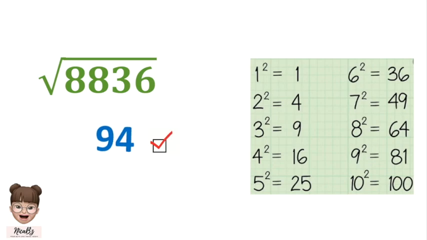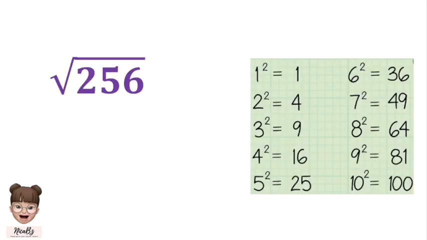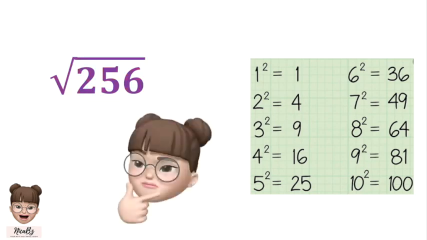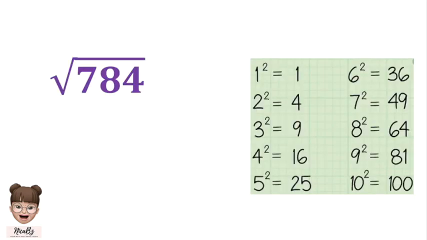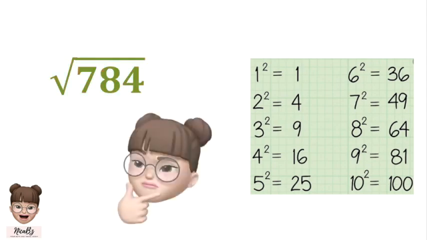Let's go to the third item. Square root of 256. 16. Quite easy, right? Let's go to the fourth example. Square root of 784. 28.